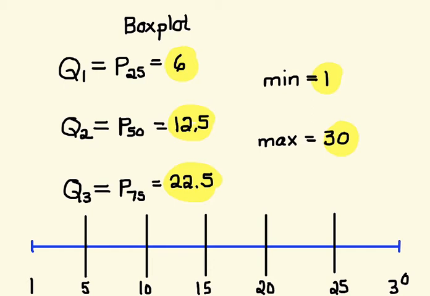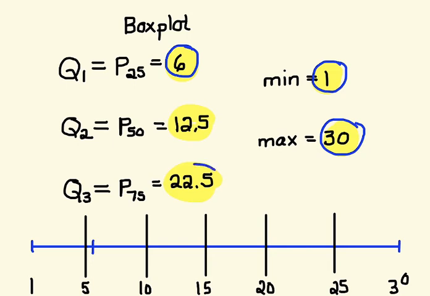Okay, so what I want to do, I'm going to go back to blue. And I have my 2 endpoints represent the min and the max. A min of 1 and a max of 30. Those are the 2 endpoints. My 6, well, 6 would put me about right here. So that's my 6. That's the left end of my box.